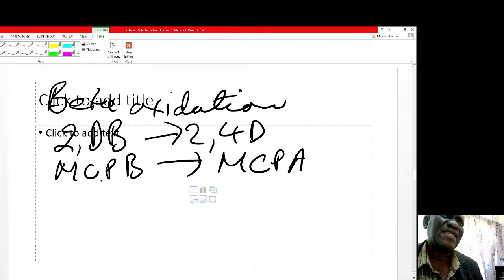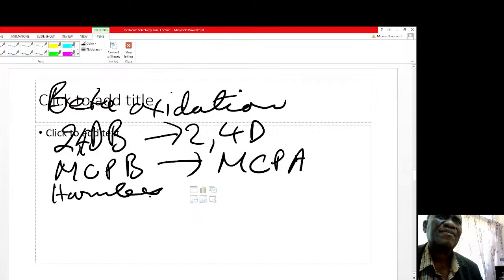But the herbicide is applied in the form of 2,4-DB or MCPB. These are harmless, but this is toxic.